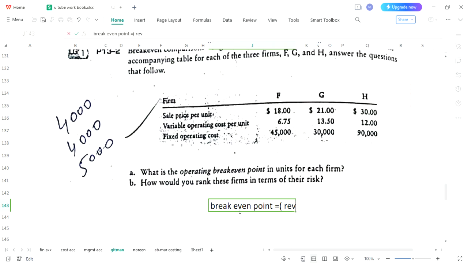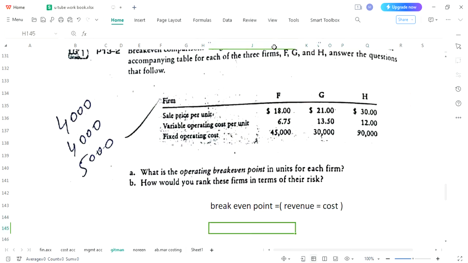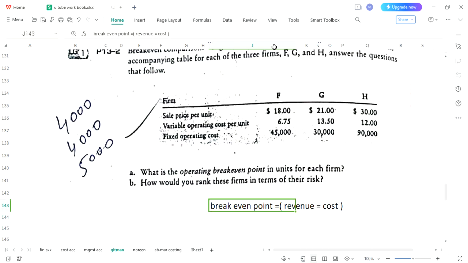In other words, whatever you are earning, which is your revenue, is equal to whatever you are investing, which is your cost. So break-even point is a point where your revenues are equal to your cost, and at that stage you are not earning anything. And finally, if you are not earning anything, you are not losing anything either. This is your break-even point.